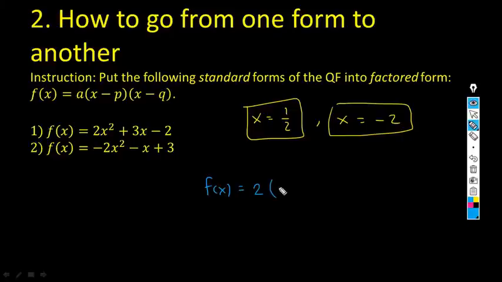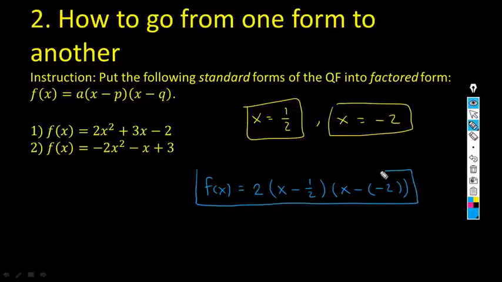What are going to be those numbers, p and q? They're going to be these values, guys. 1/2, and the other, x minus, the other will be this. And that's it. We are done. This is the factor form of this quadratic function, which is in the standard form originally.